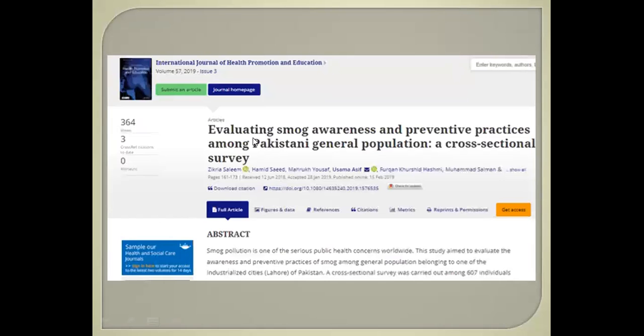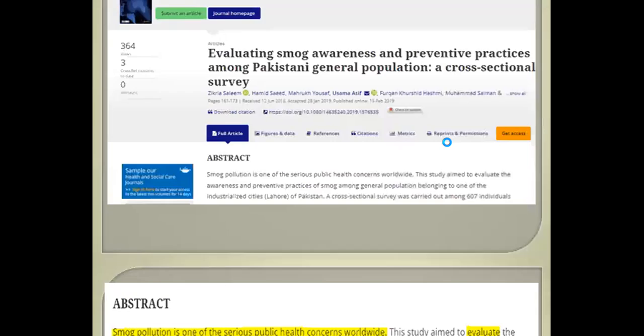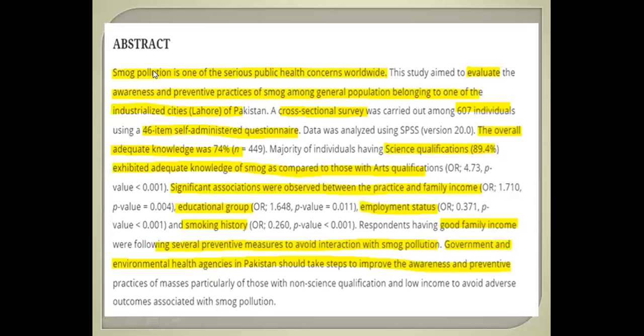Another paper evaluates smog awareness and preventive practices among the Pakistani general population, a cross-sectional survey. It shows that smog pollution is one of the serious public health concerns. It evaluates the preventive strategies followed in industrialized cities like Lahore. It is a cross-sectional survey of 607 individuals using a self-administered questionnaire. The overall adequate knowledge was 74%.